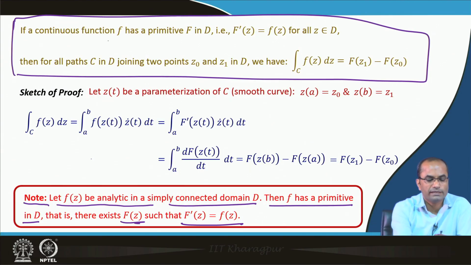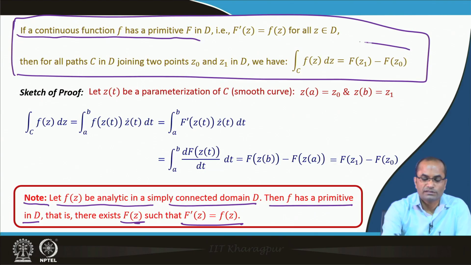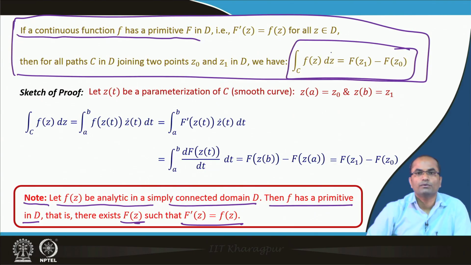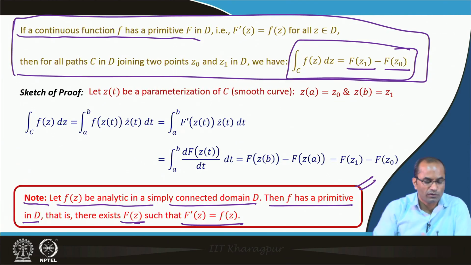So, if we have f(z) an analytic function, instead of saying f is continuous and has a primitive, we can say that if f(z) is analytic in a simply connected domain D, then the formula we discussed above, that the value depends only on the initial and the final point, is also valid. The conditions of continuity and having a primitive are not explicitly required.